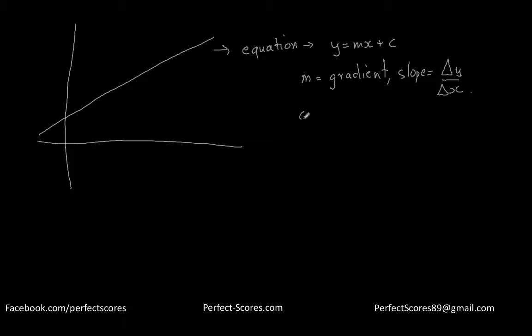And c is the y-intercept of the line. This is something that we have done in the coordinate geometry videos. So the y-intercept would be this point, this distance over here would be the value of the y-intercept.